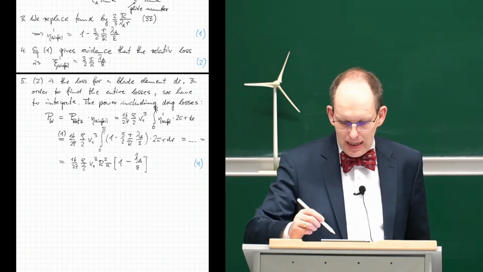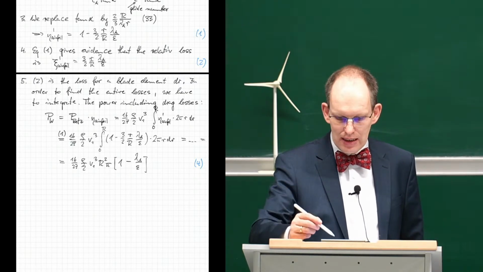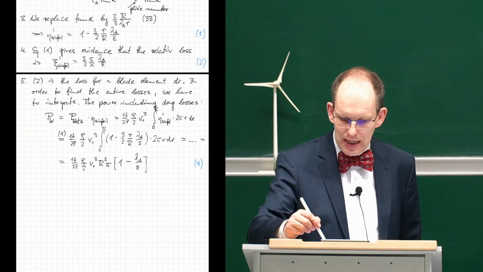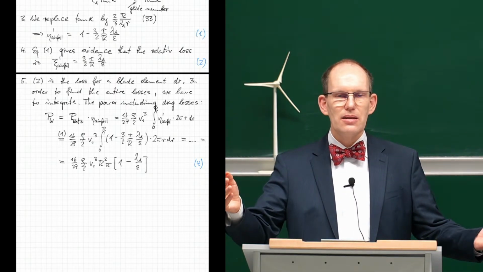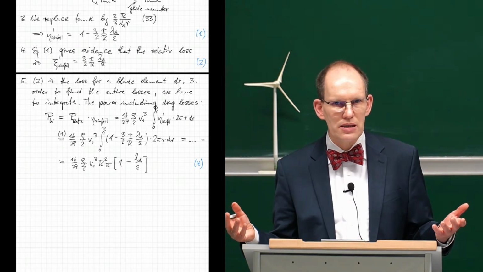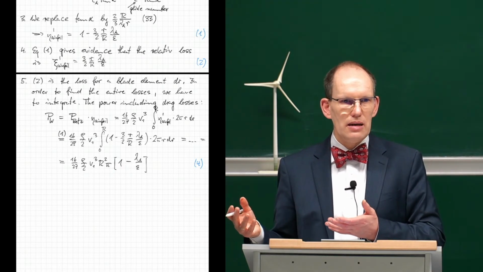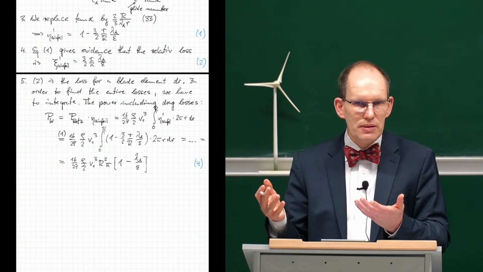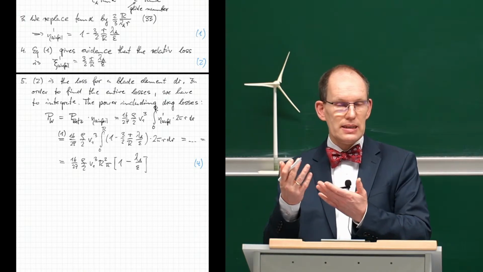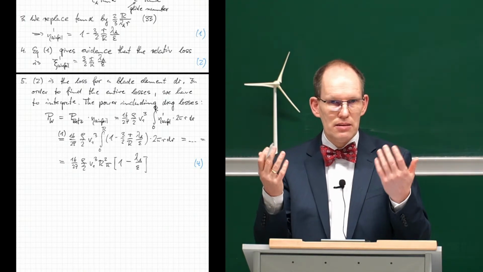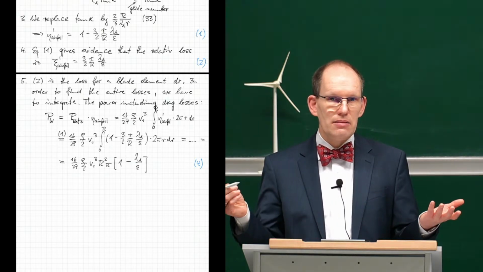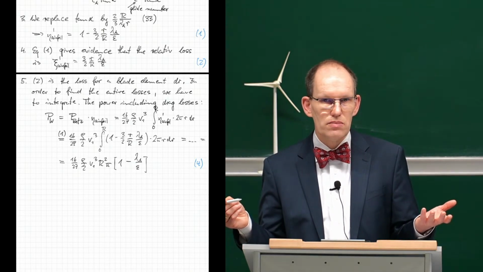Well, a high tip speed ratio actually means that the relative wind velocity between blades and air is large, and therefore of course also drag is large.